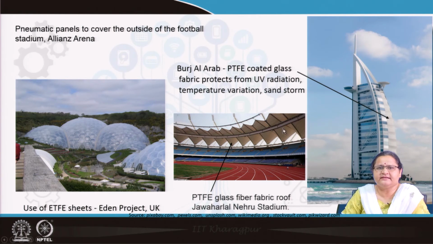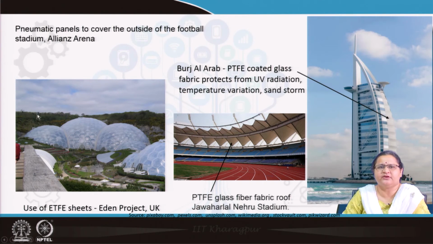We have in India an example of PTFE sheet application with glass fiber fabric, which is in the Jawaharlal Nehru Stadium, New Delhi. So these air filled panels are giving it a thermal insulation.